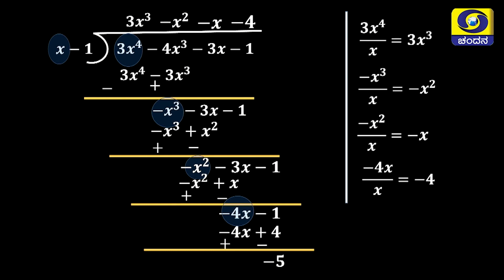So dear children, x minus 1 is the divisor, and minus 5 is the remainder when 3x to the power of 4 minus 4x cube minus 3x minus 1 is divided by x minus 1. You get the quotient 3x cube minus x square minus x minus 4.